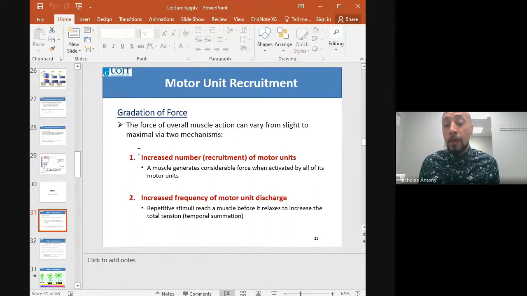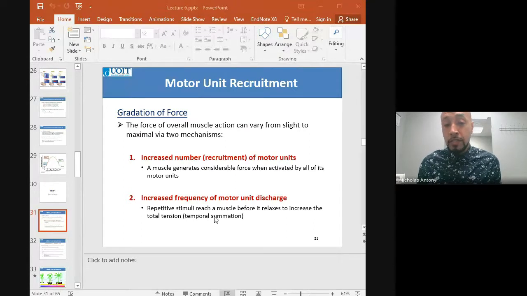If I wanted to contract the bicep by 50%, how many motor units would I activate? 50, right? If I wanted to activate it maximally, how many? Yeah, okay. So that is motor recruitment.